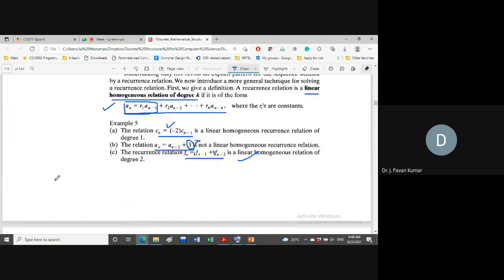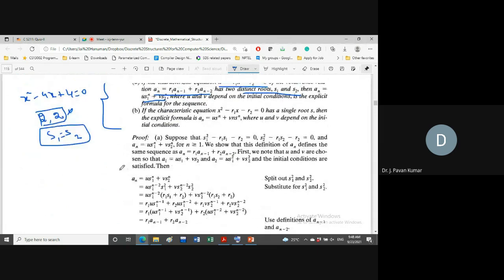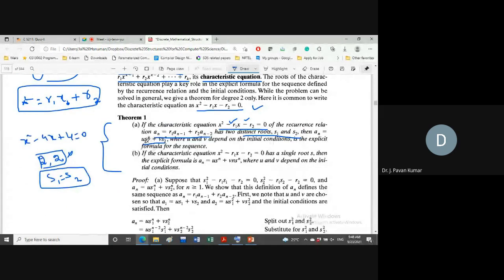Similarly, the an formula will be u into s1 power n plus v into s2 power n. This is the formula. Straight away we can substitute in this. An is equal to u into s1 power n plus v into s2 power n.